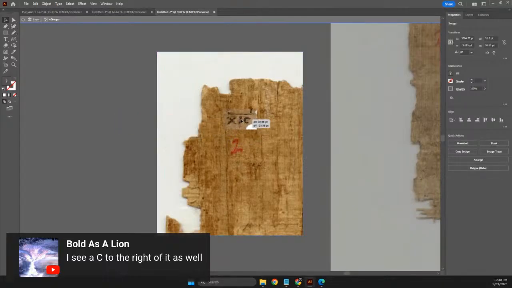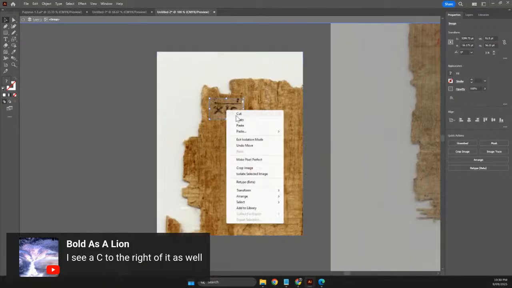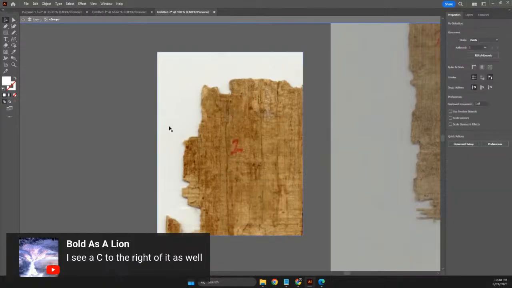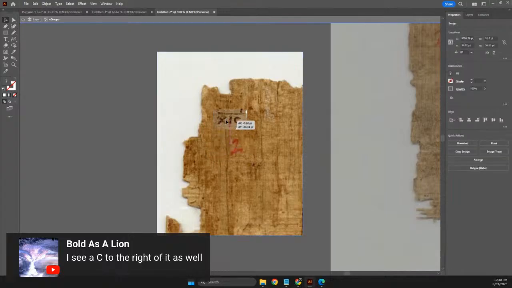Okay. Maybe I can put it over the top of it like that, and then just cut it and paste it. Oh no, it's pasting down there. I thought it would be a cool thing to do. Maybe I can put it above it.